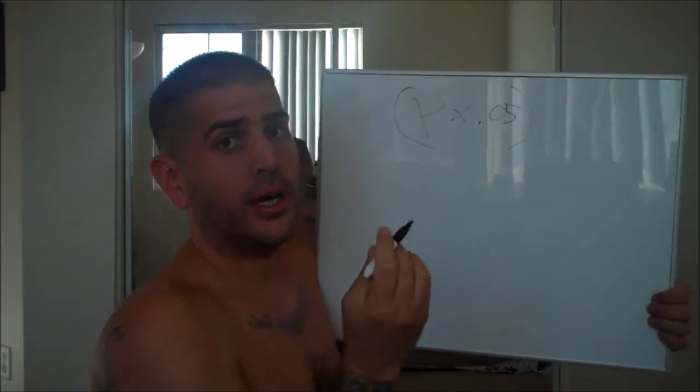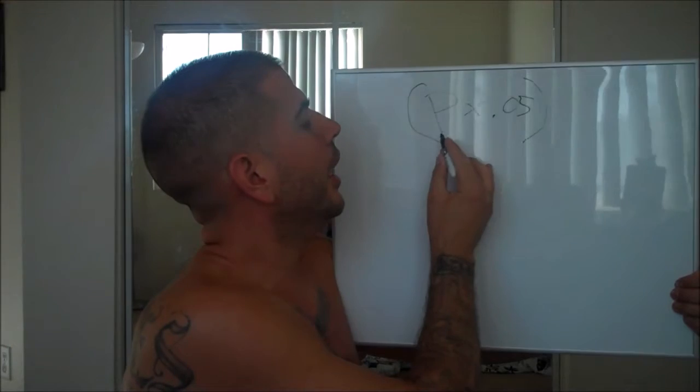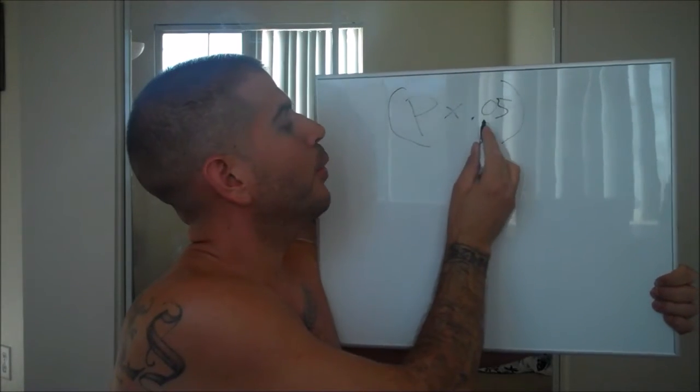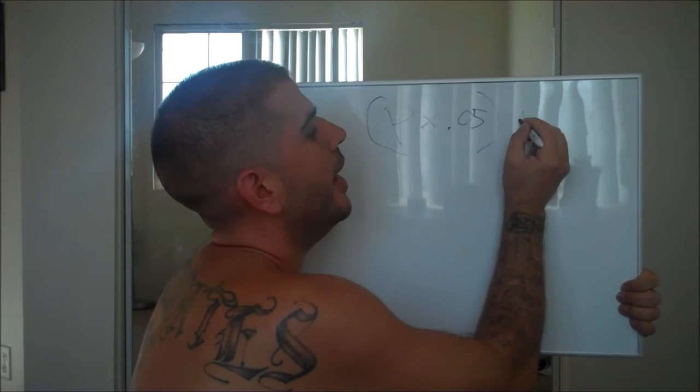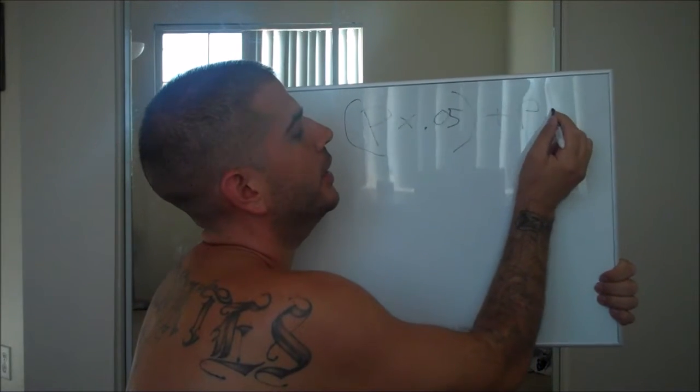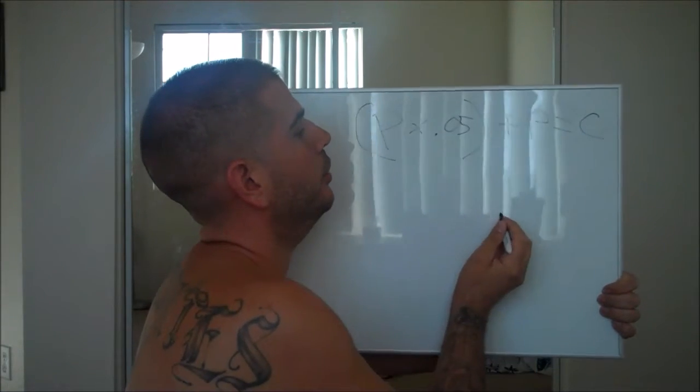Okay, I believe I left off where we got the price of the item times 0.05, which is your sales tax, and then we add that to the price, and that's going to equal C, the cost, right?